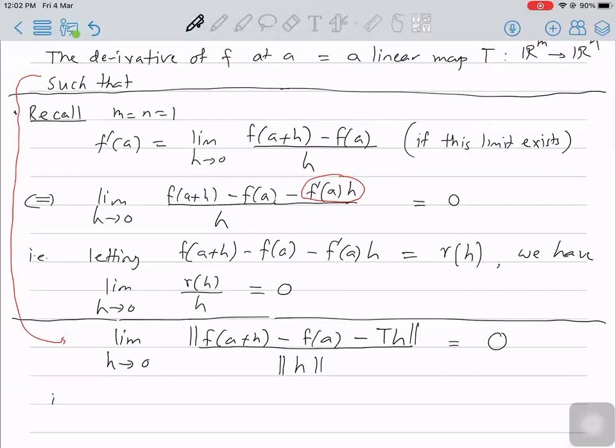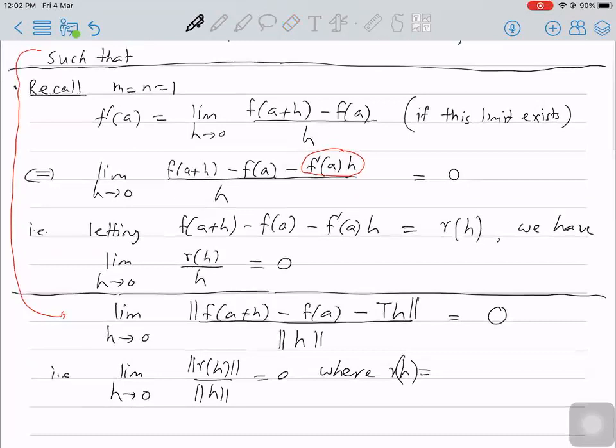So let us call this R of H, where R is a function which takes a vector H in R^m.